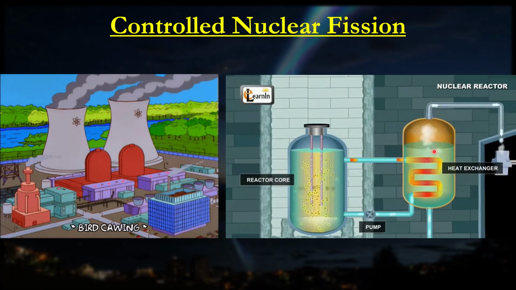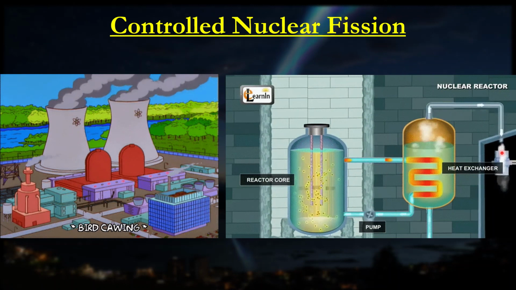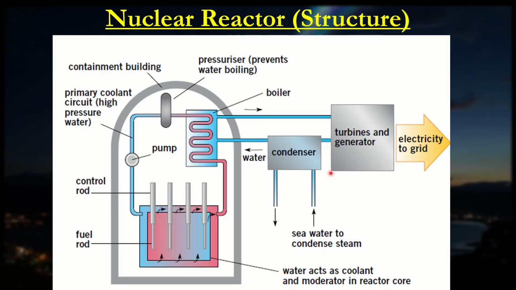So you have the exchange of heat here that will boil the water, causing it to become steam, and that steam is going to be the thing that rotates the turbine that generates the electricity, or turbine and the magnet. So that's the idea there.